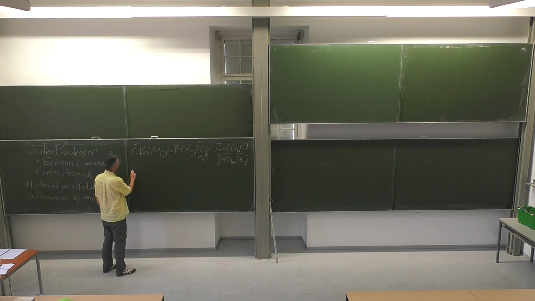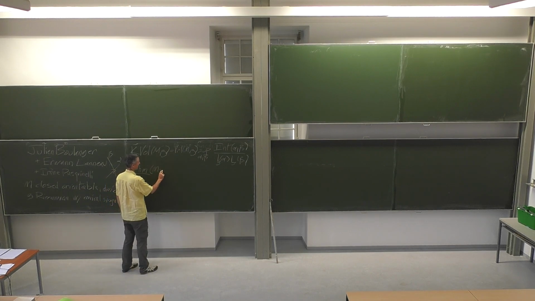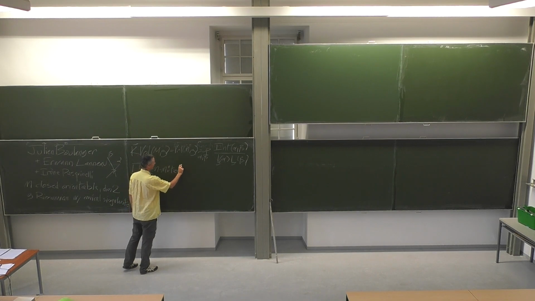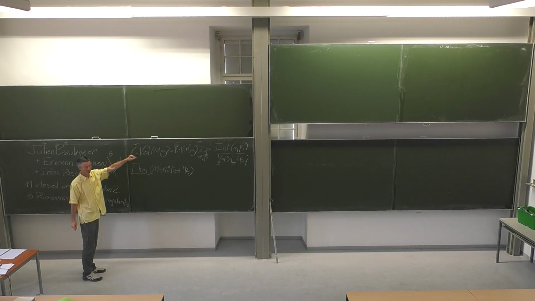In general, the answer is this. So this is bigger than 1, with equality if and only if M is a flat torus.